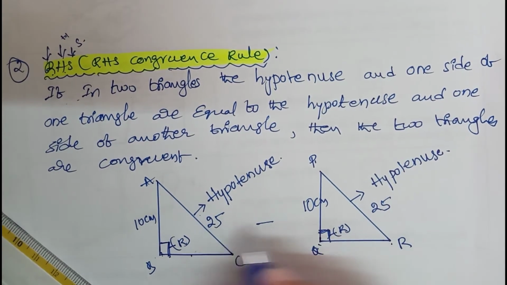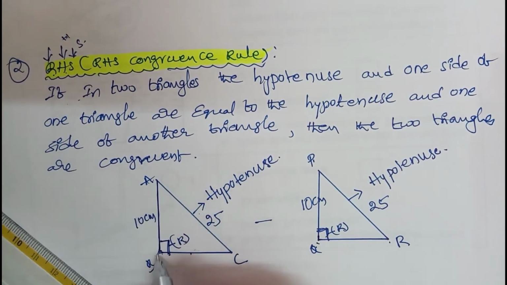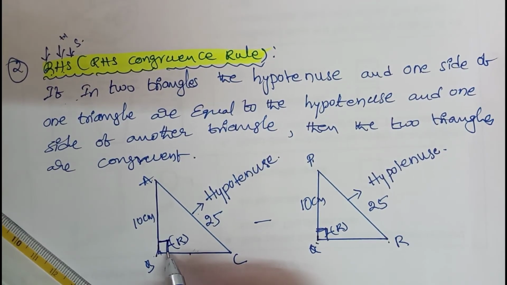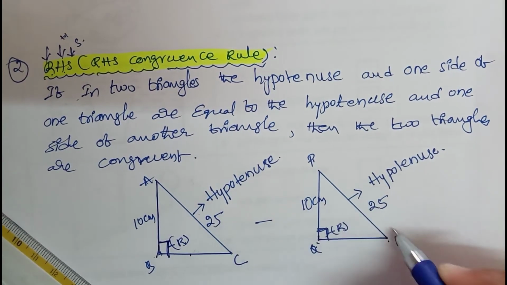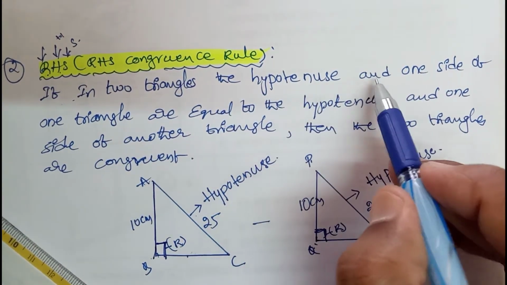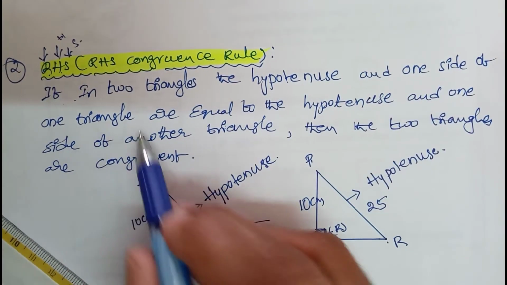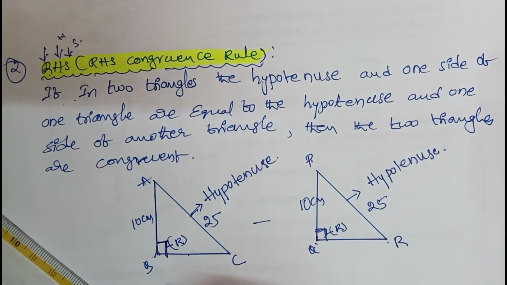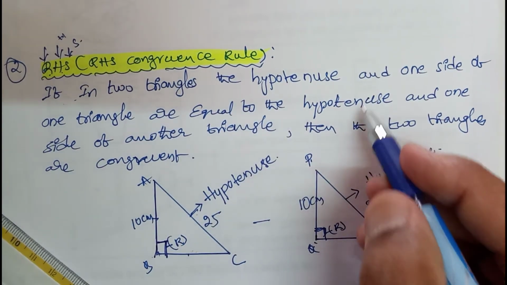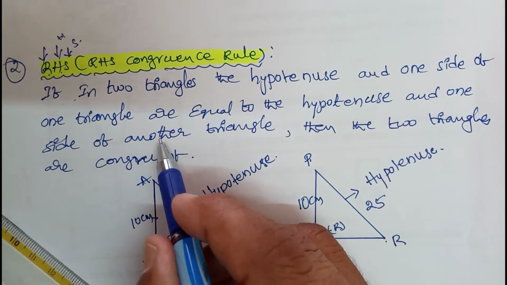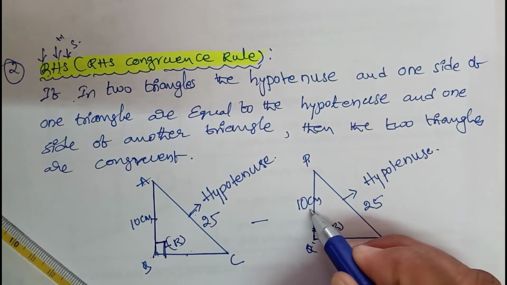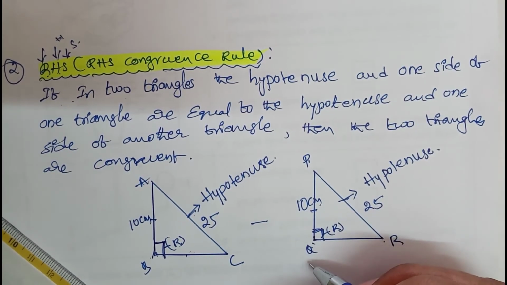Now we can see from these two triangles, both are right angle triangles, and the hypotenuse and one side are equal to the hypotenuse and one side of the other triangle.